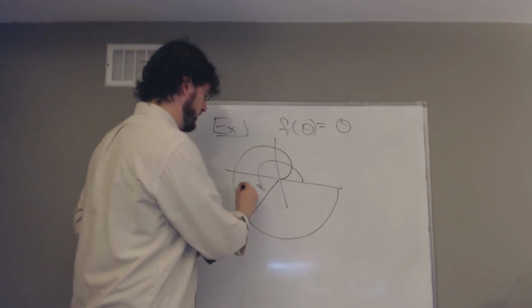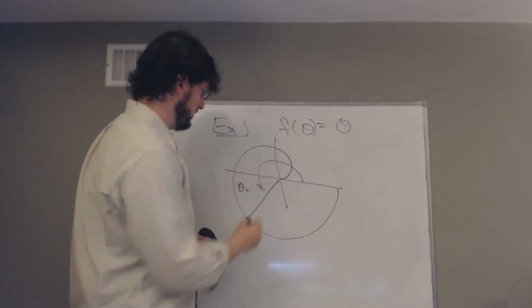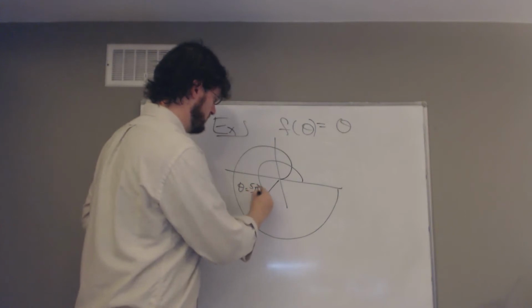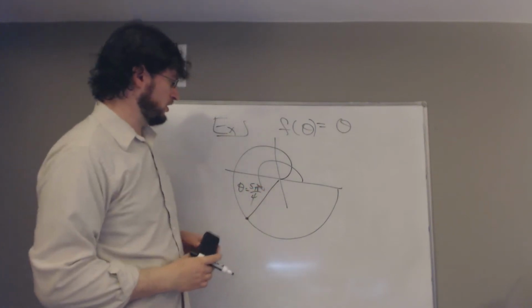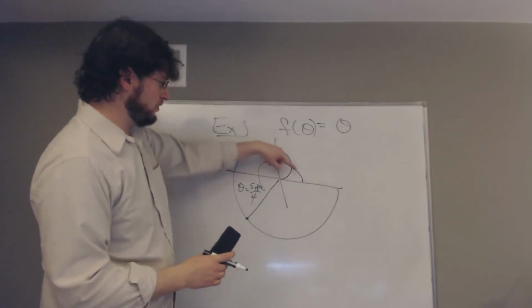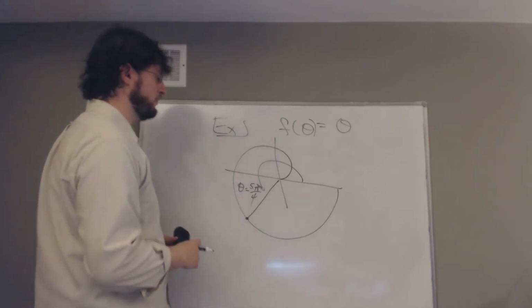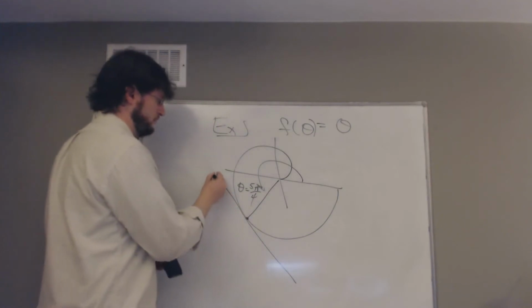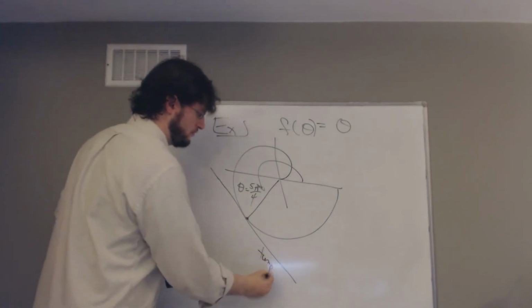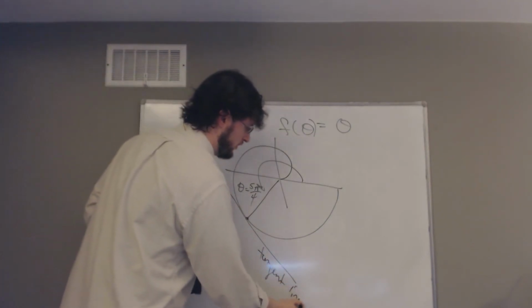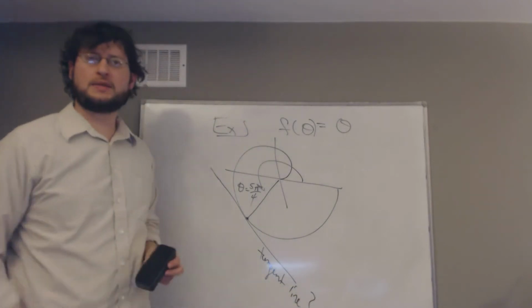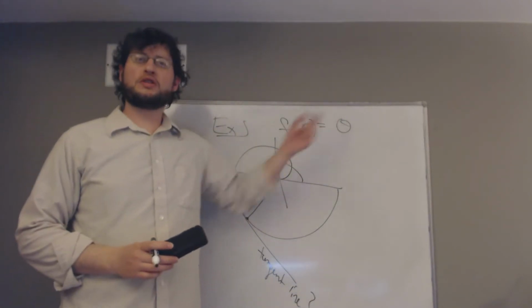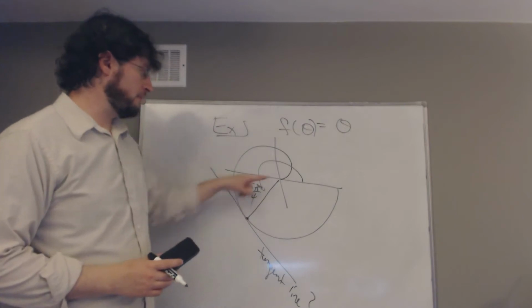So this is angle theta equal to 5 pi over 4, because 4 pi over 4 is 1 pi, which is halfway around. So 5 pi over 4, if that's my angle, I want to know, what is this tangent line? That's our first goal. What is the tangent line to a polar function at some angle theta?